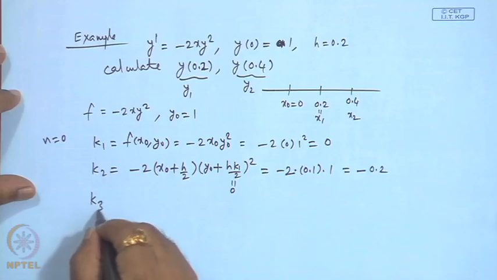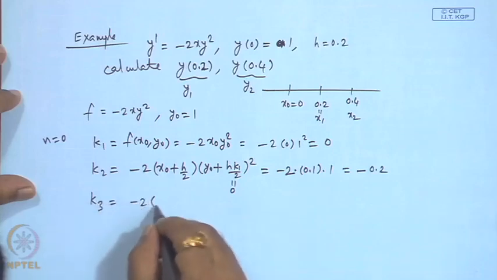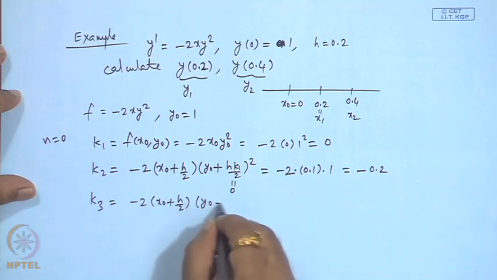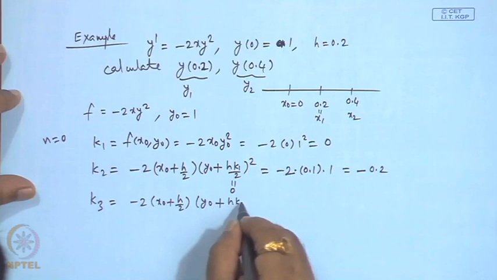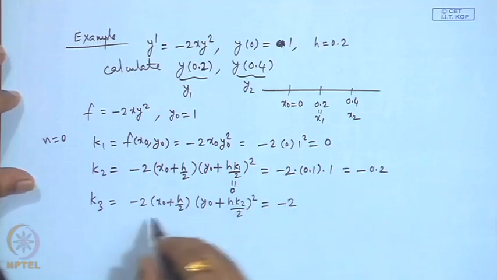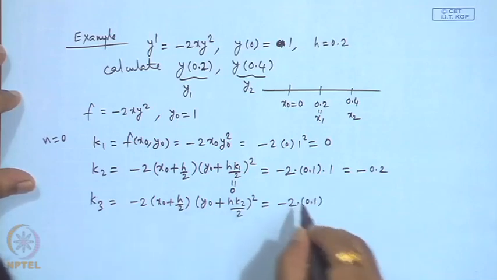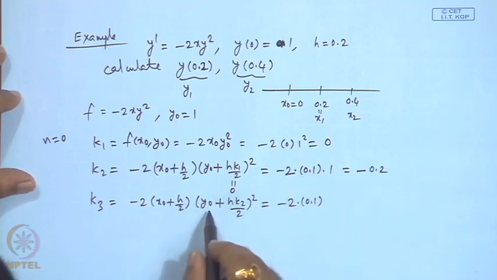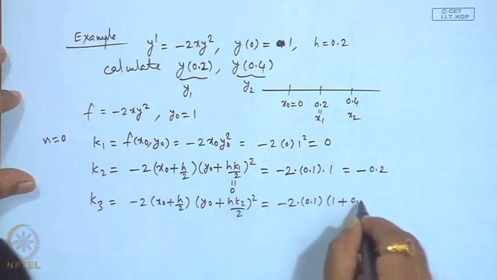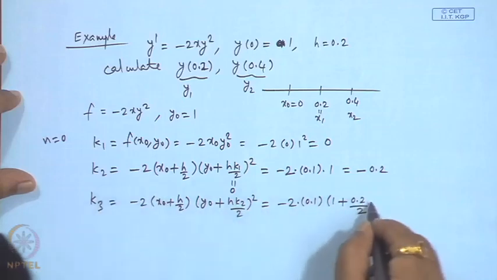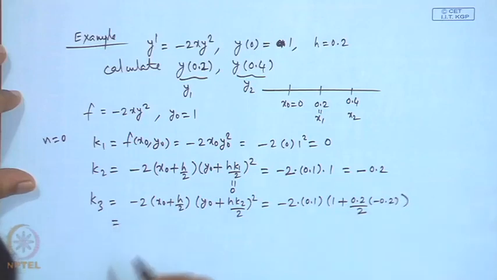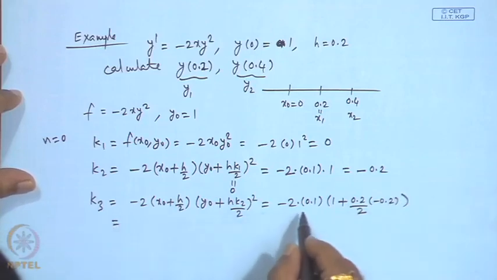Then k 3 is minus 2 times x 0 plus h by 2, y 0 plus h k 2 by 2, square. So, minus 2, this we already computed, 0.1, and y 0 is 1 plus h by 2 and k 2. Okay. So, k 3, right.